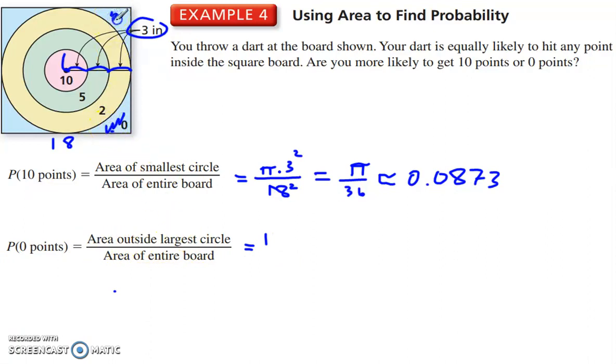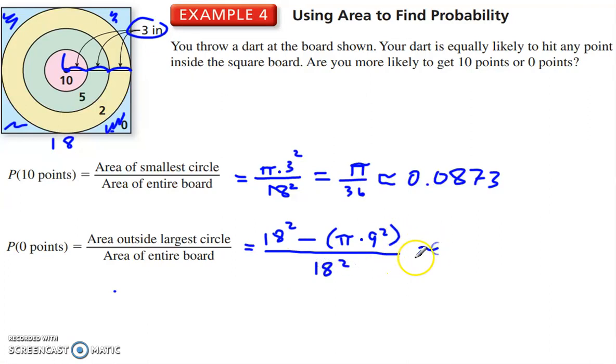So just this segment outside there is 18 squared, which is the full square, minus the circle, which is pi times 9 squared. Okay, that's the large circle. And then out of the entire board, which is, again, 18 squared. All right. And once we calculate that, that comes to about 0.215. So you're more likely to hit this area out here than you are to hit that area in there, because the probability is greater there.